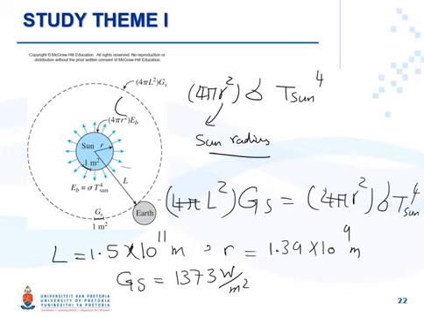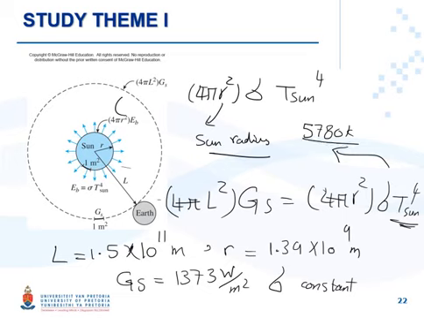What else is left? We know the Stefan-Boltzmann constant. The only thing left is T_Sun, and we can calculate it, and it will be 5780 Kelvin. That's how we calculate the Sun's surface temperature.